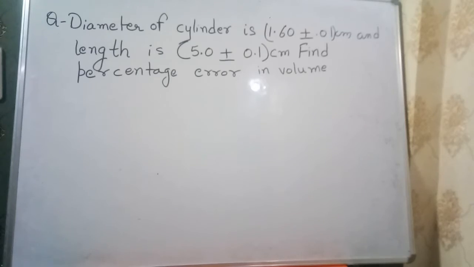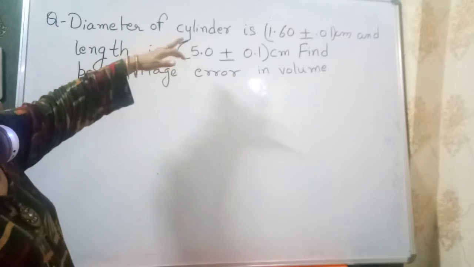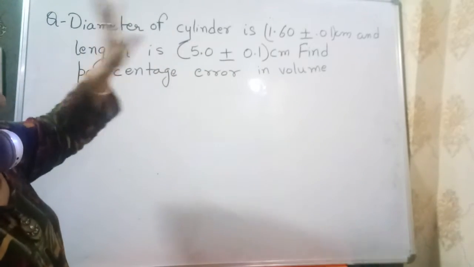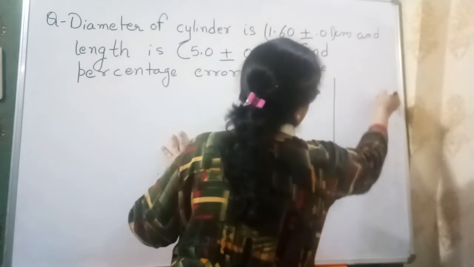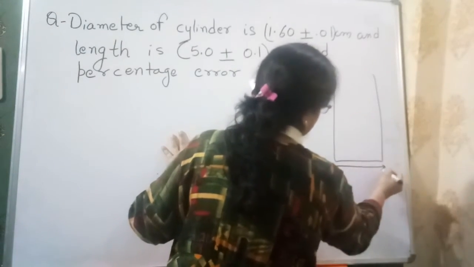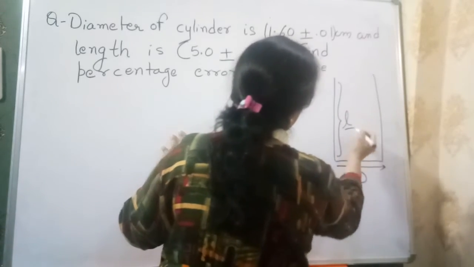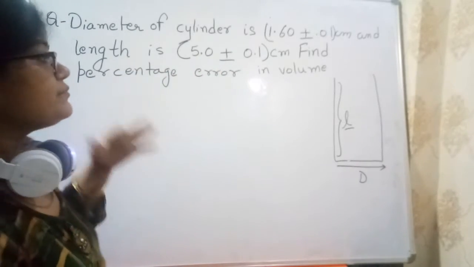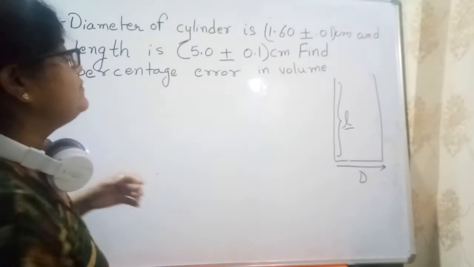Now we watch another type of question in front of us. Diameter of the cylinder is this and length of the cylinder is this. That means this is a cylinder which has this diameter and this height and length. Find the percentage error in volume. Firstly, in these cases we must know the formula.